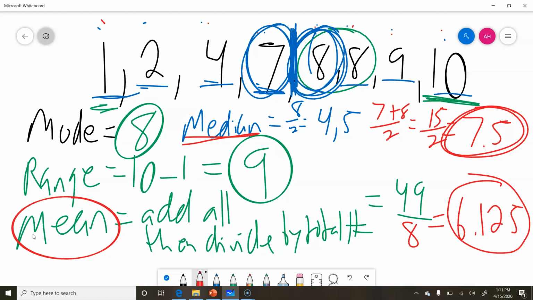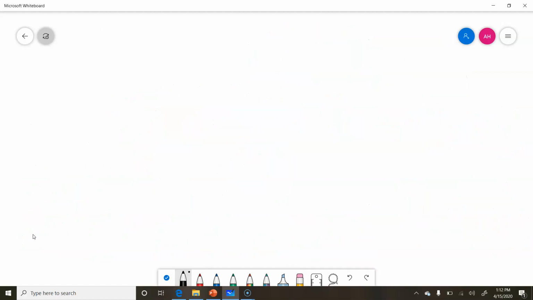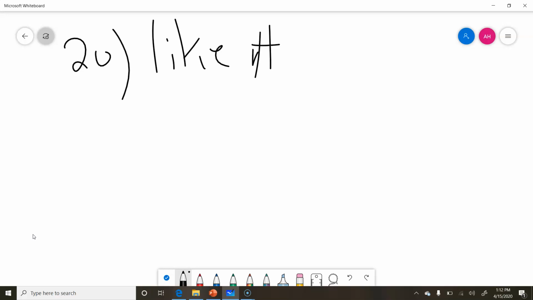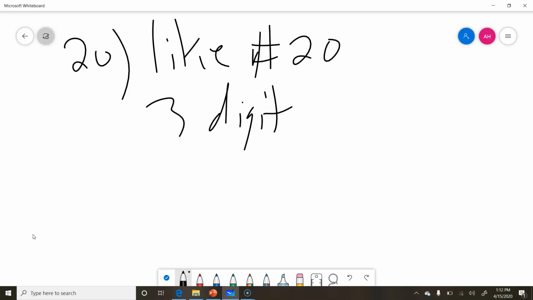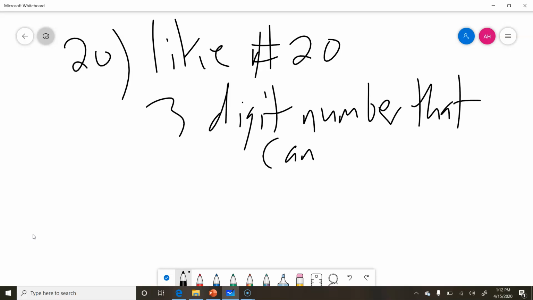Okay, I'm going to finish with one more sample problem. I'm not going to actually do number 20, but it's like number 20. Okay, let's say that it said we are going to have a 3-digit number that can be repeated.